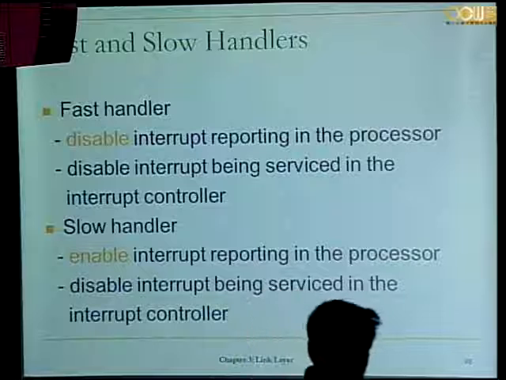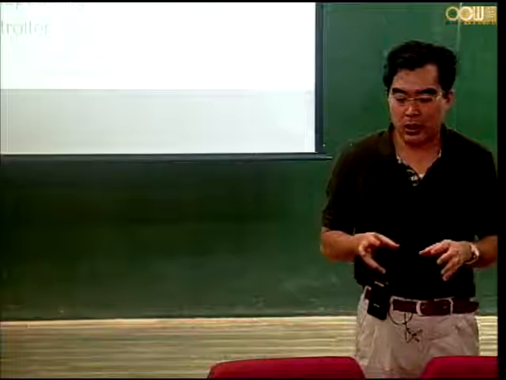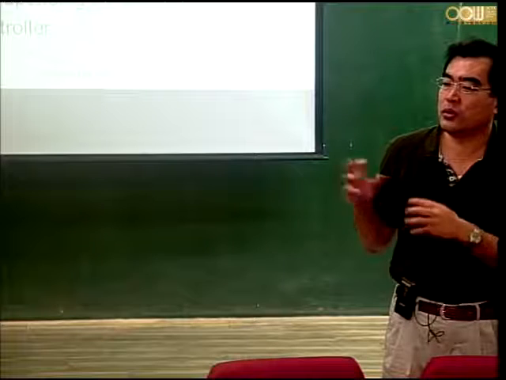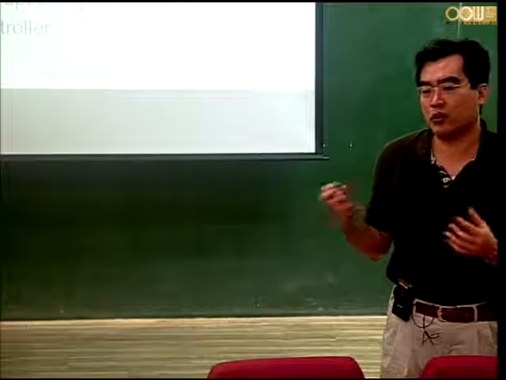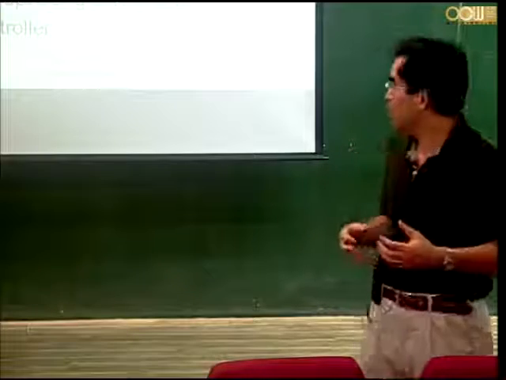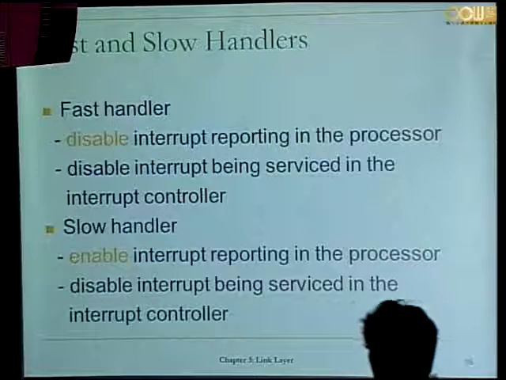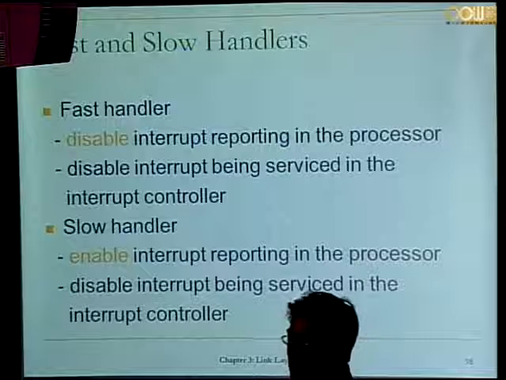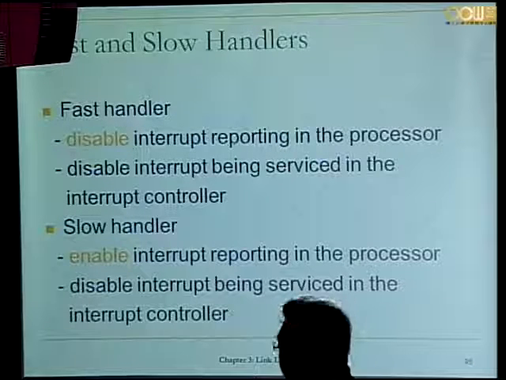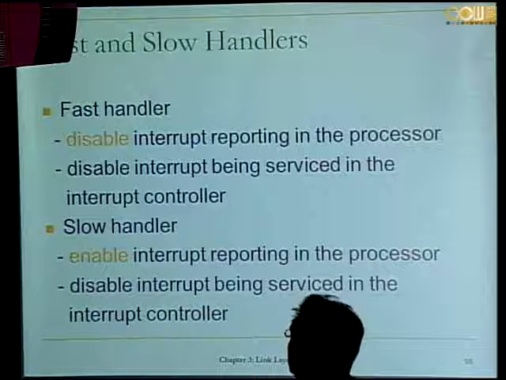And for Ethernet and wireless LAN, because you don't need to do protocol processing here, you only move packets around, you would just register your driver to the fast handler.